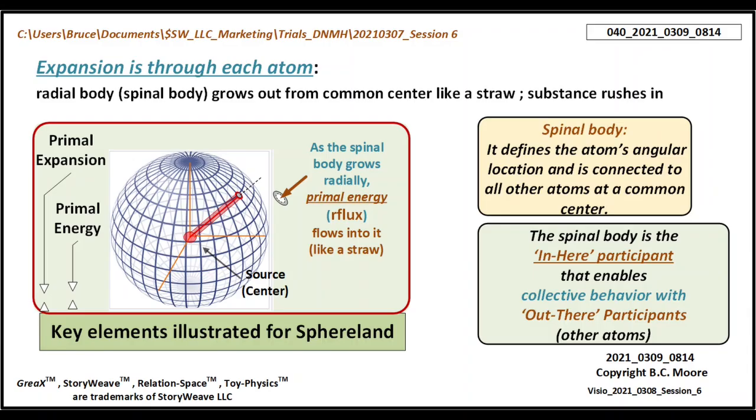Let's see if there's anything. Yeah, so the spinal body is like the in-here participant, and it enables collective behavior with the other ones out there, because substance that comes in, half of it is going to flow out in the tangential directions.